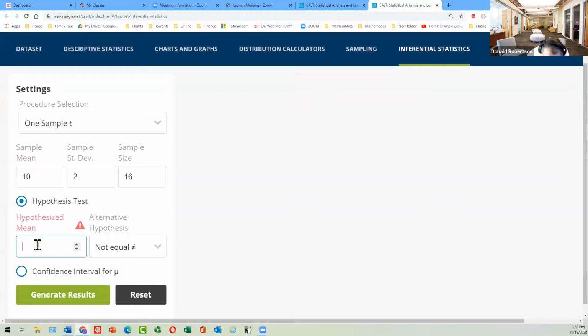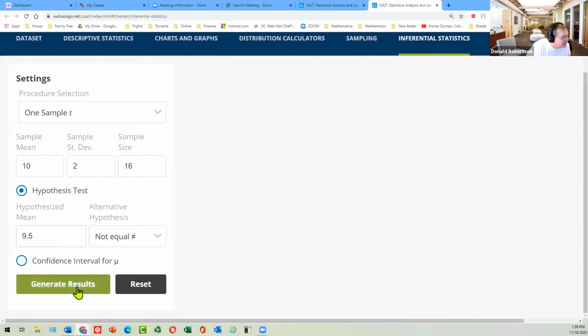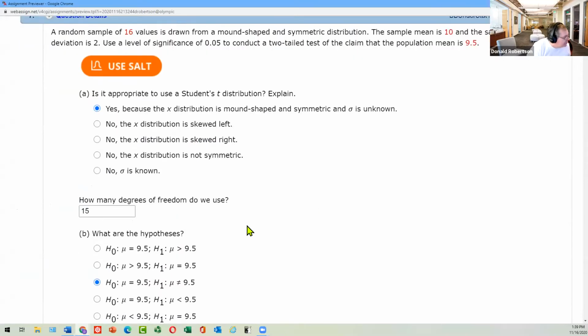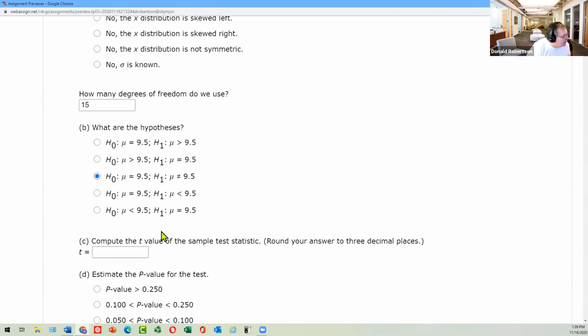This fella was 9.5. And we're doing a not equals, so I should be able to generate the results. Oh, the t statistic is 1.